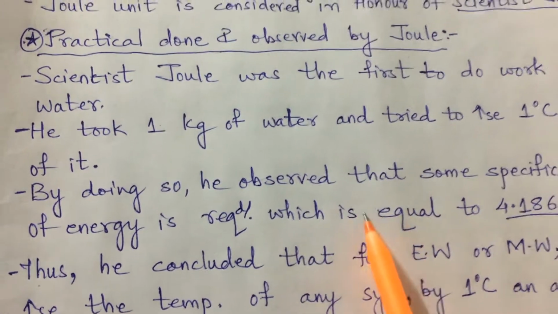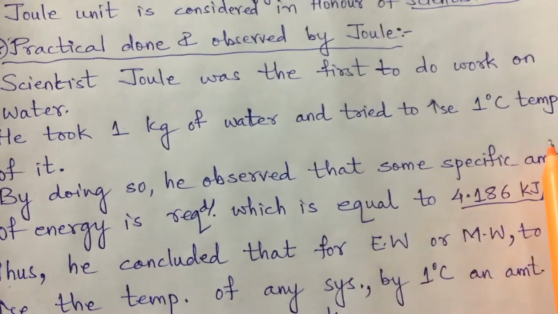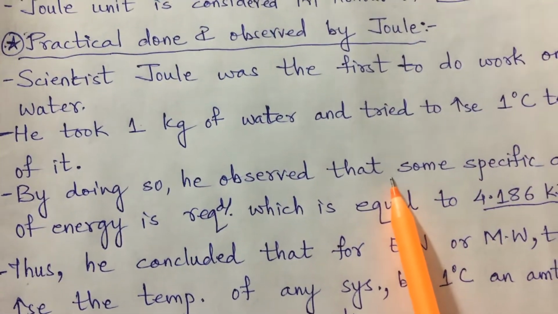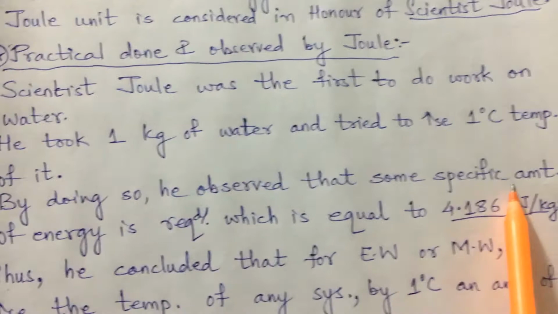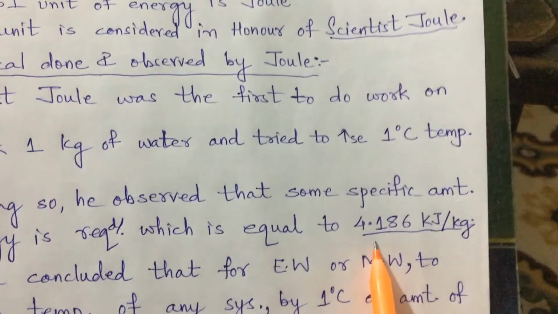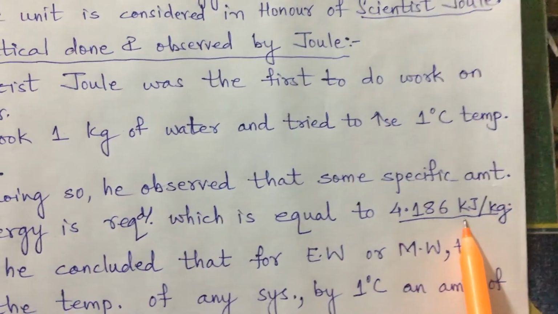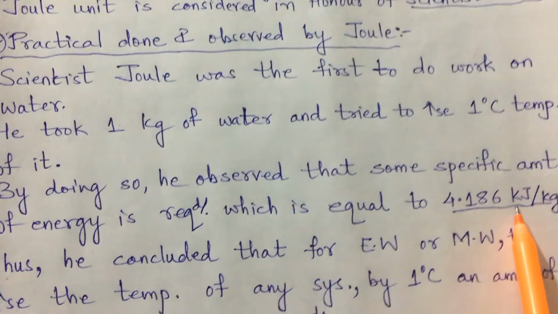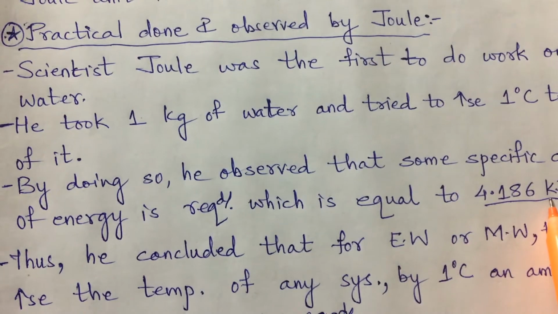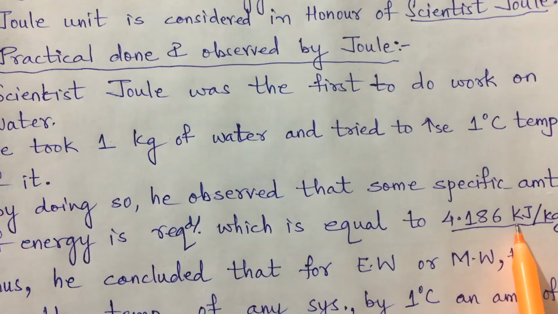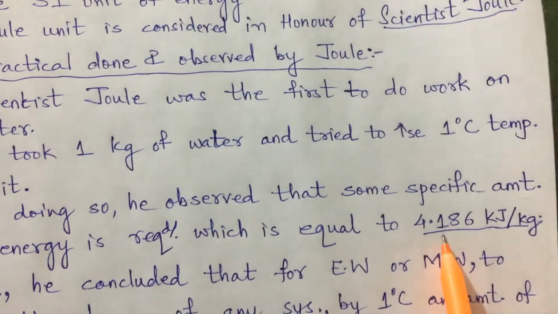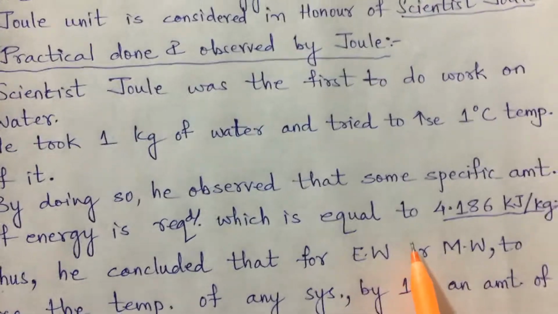What he did, he took 1 kilogram of water and tried to increase its temperature by 1 degree Celsius. By doing so, he observed that a specific amount of energy is required, and that energy is equal to 4.186 kilojoule per kilogram. So, while doing the practical, for 1 kilogram of water to increase its temperature by 1 degree Celsius, he found that 4.186 kilojoule per kilogram energy is required.